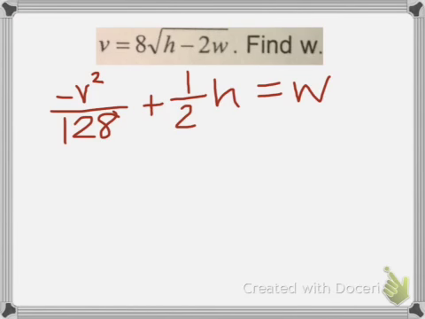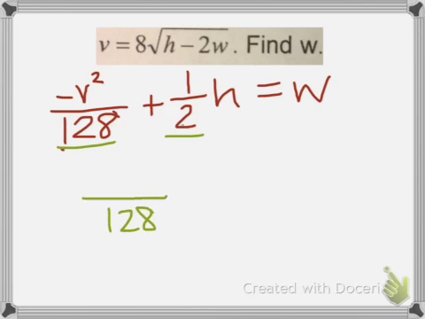And although that is possibly a good answer, a lot of times we want to put it all together with one common denominator. So in order that these fractions can have a common denominator, I'm going to get a common denominator between 128 and 2. And my common denominator is 128.